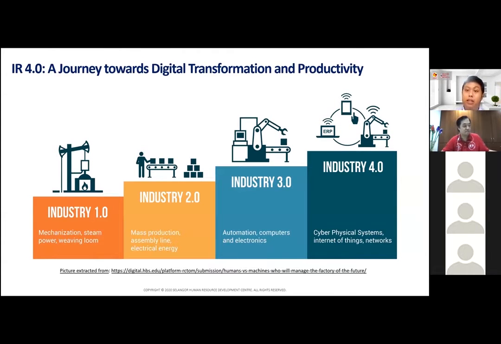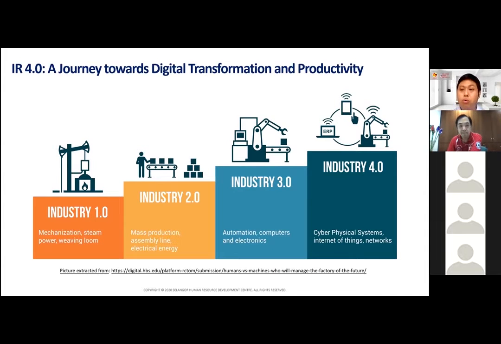So Industry 4.0, as we have all probably seen this chart a number of times. Why I put this up again is to emphasize the fact that Industry 4.0 is about connectivity. It is about connected devices providing data and information in real time for industries to be able to make the right decisions. And making the right decisions also means that you are making data-driven decisions rather than gut feeling decisions.